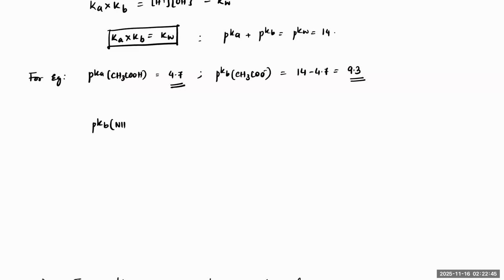Ammonium hydroxide or simply ammonia aqueous, both of them are the same. When I write ammonium hydroxide or ammonia aqueous, the pKb value for that is 5, which means the pKa value of ammonium ion, that is NH4 plus, is equal to how much? 9. So for ammonium ion, the pKa value is 9.